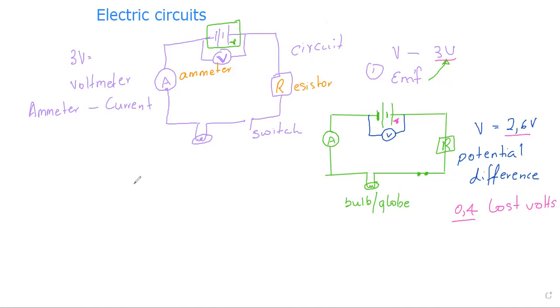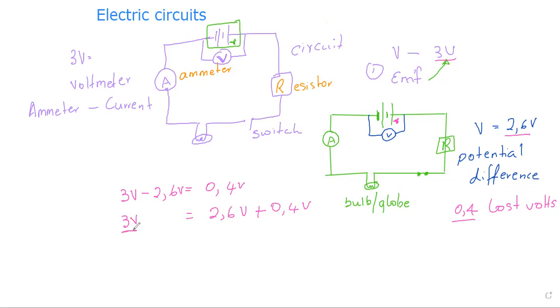So you say 3 volts minus 2.6 is equal to 0.4, which can be seen as 3 volts is equal to 2.6 volts plus 0.4 volts.